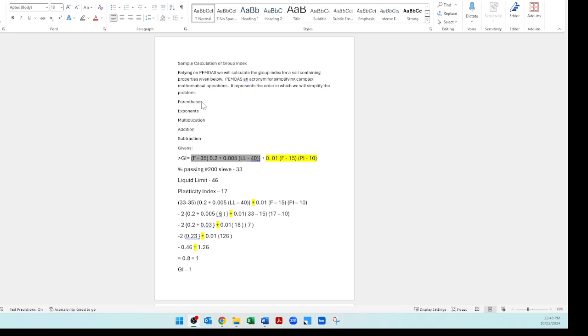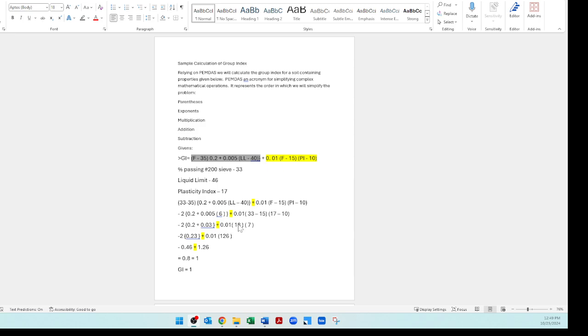The first thing that we eliminate is parentheses, anything that has parentheses in it. And look here, we've got parentheses out the wazoo in this, which is a simple problem once I get to that. Then we look for exponents. There are no exponents.